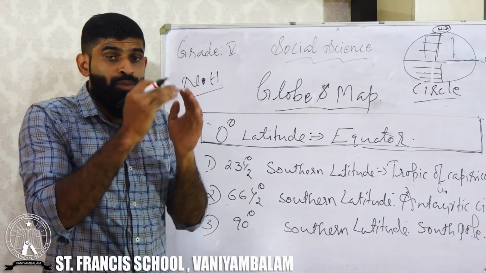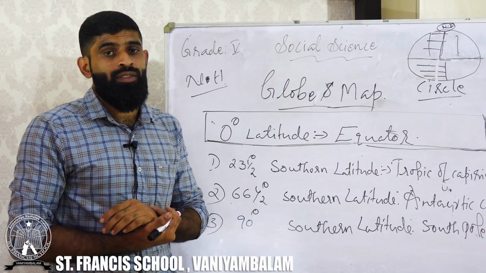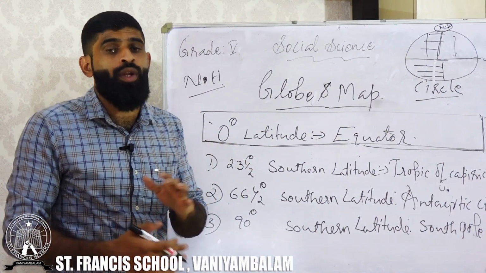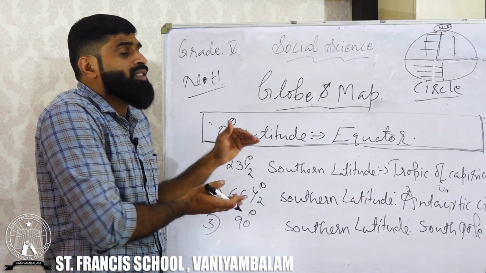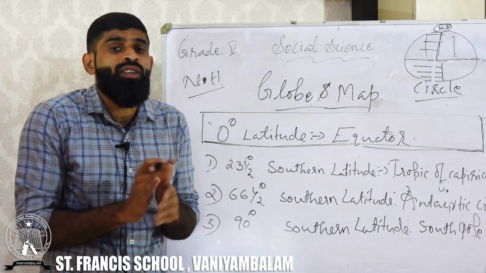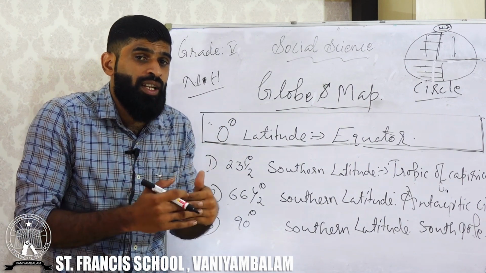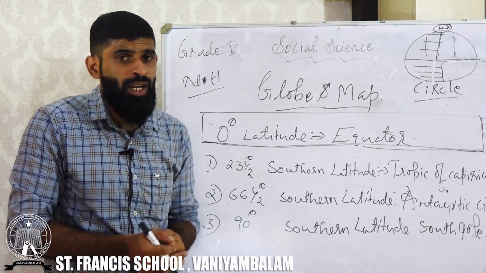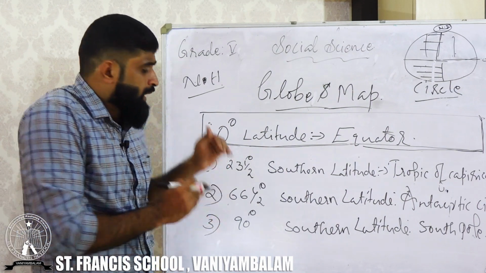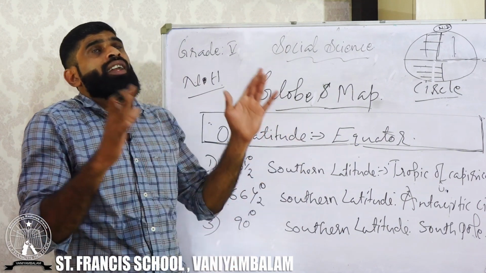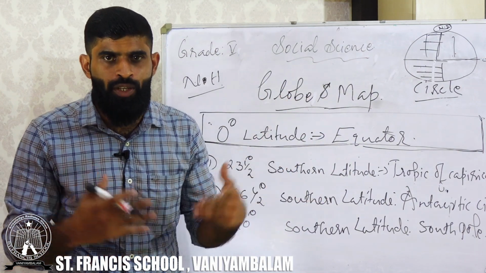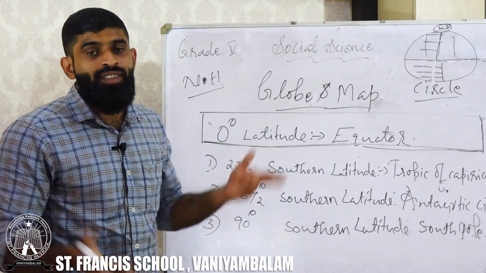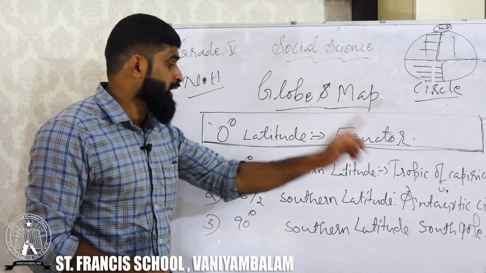When you come to 9th and 10th standards, all these lines are very much essential for your geography classes. So keep it in your mind and learn these degrees and their names. 23.5 degree north, what is its name? Tropic of Cancer. 66.5 degrees south, what is it?